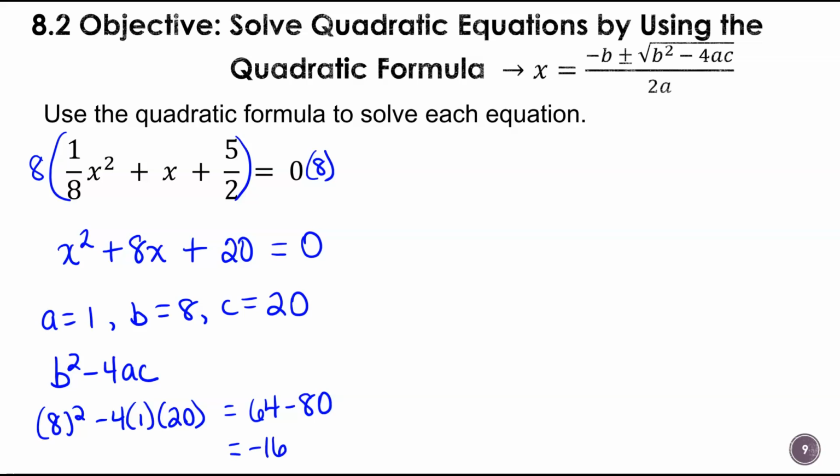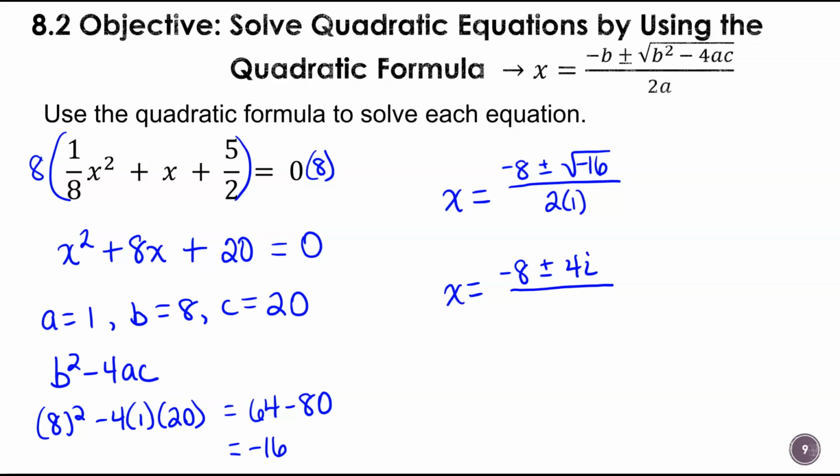All right, so now we go to the formula and we substitute in everything that we know. The opposite of b is going to make that a negative 8 plus or minus the square root of negative 16 over 2 times a, which is 1. Then we simplify the negative 16 under the radical, which is 4i.